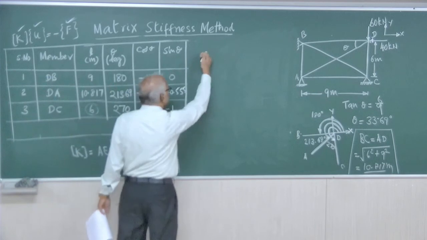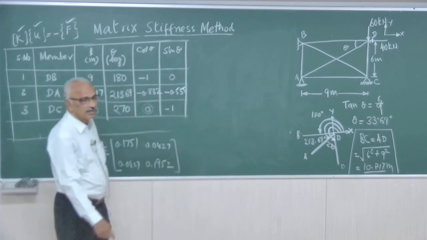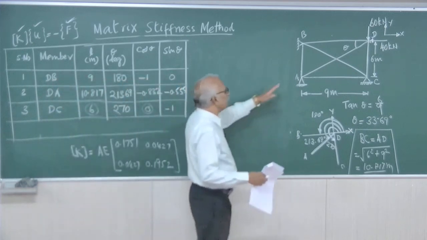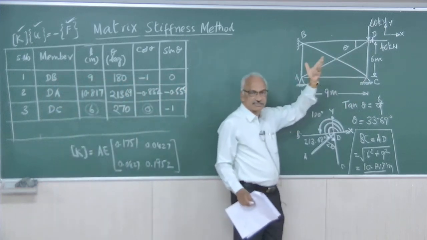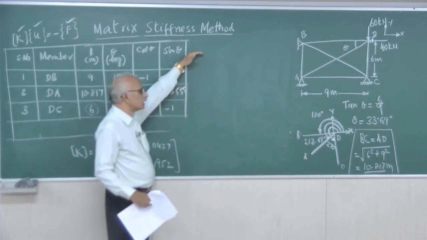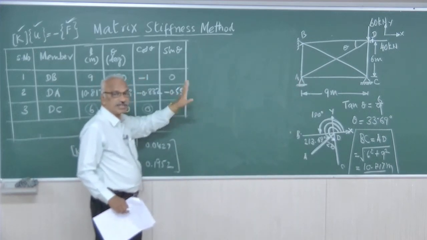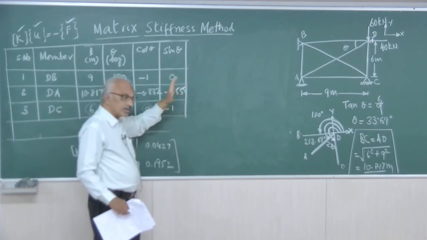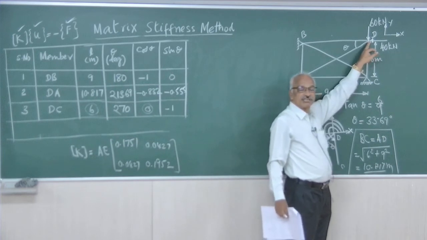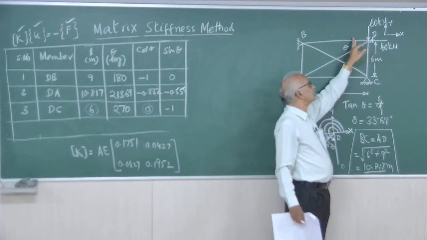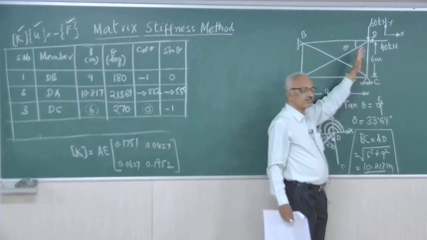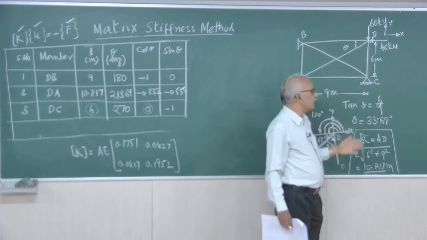We can add all these values in a single column. But if it is more than one joint, if it involves joint A, C, etc., then we cannot add all the values in the column. This cannot be done. Because it is only one joint, the stiffness of this joint is going to be the addition of this, this and this. Therefore, we are just doing it in a single table.